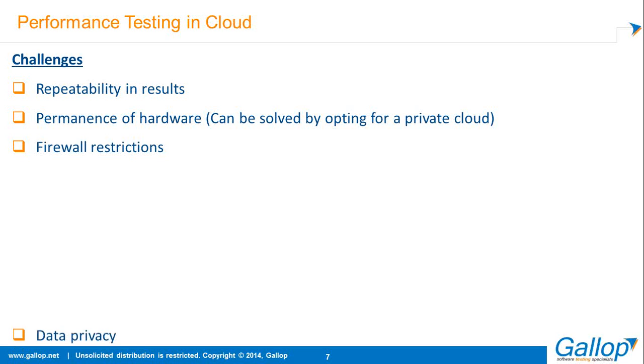The last one is data privacy. If you're really testing a financial application or a regulated application where you're really worried about the data that is going on this particular unsecured network, because once you go and generate a load out of cloud without actually opting for a virtual private cloud, and you go and spin machines on elastic compute, it's a multi-tenant system.